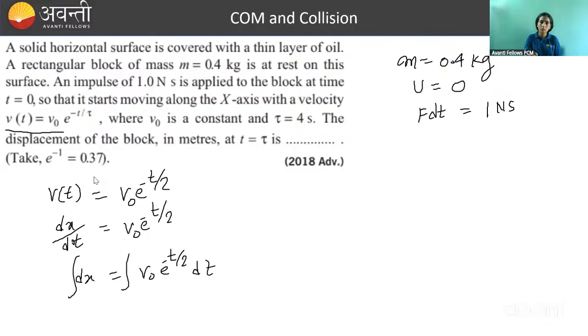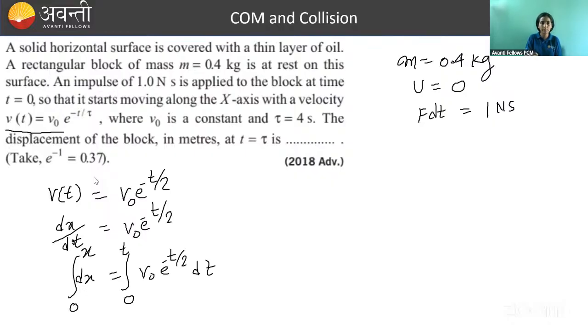इंटीग्रेट कर लो. Initially at t equal to 0, displacement is what? 0. Let's say at any time t, displacement is x. ठीक है?